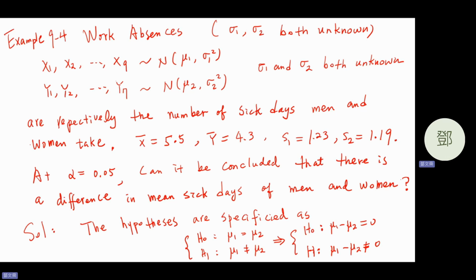We are interested in comparing the mean sick days for men and women workers in a year. So that's what we wanted to compare: mu1 equal to mu2 or not.